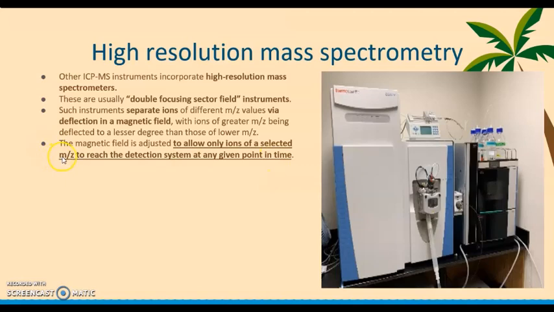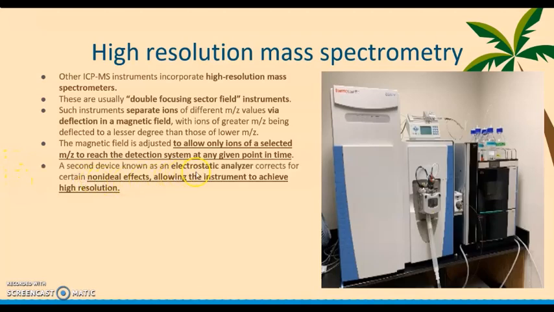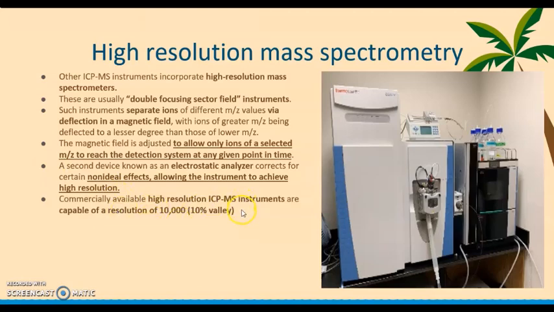So, yung ating pong charge to ion ratio. A second device known as electrostatic analyzer corrects certain non-ideal effects, allowing the instrument to achieve high resolution. Commercially available high resolution ICP-MS are capable of resolution that is up to 10,000.